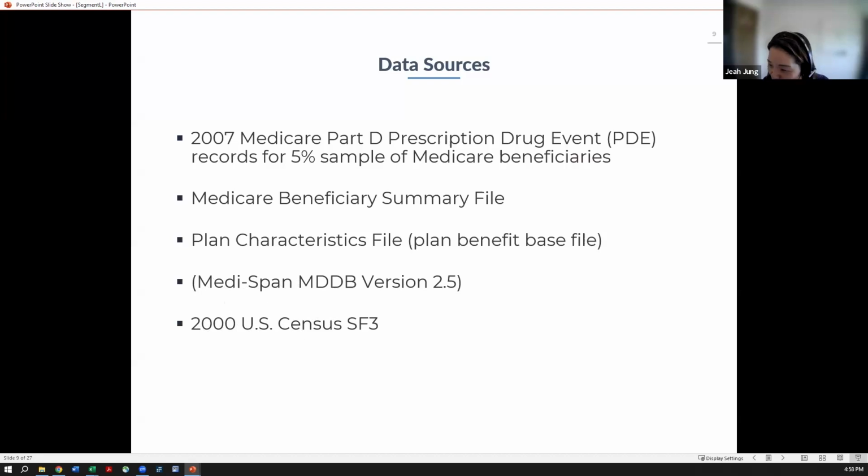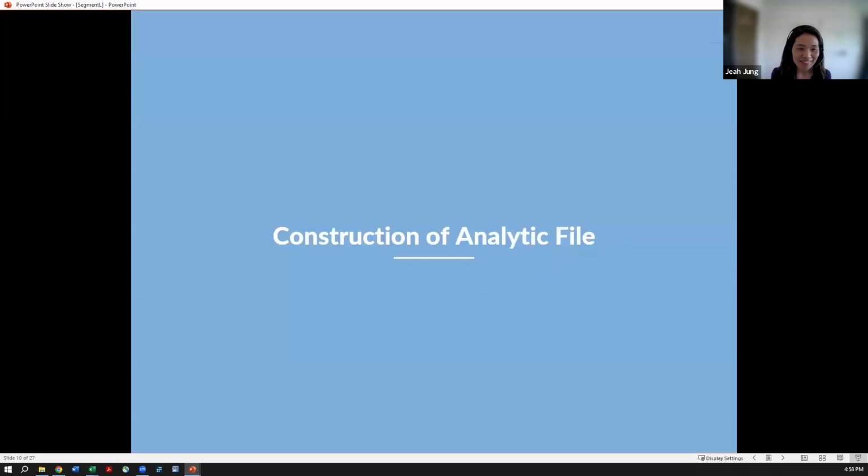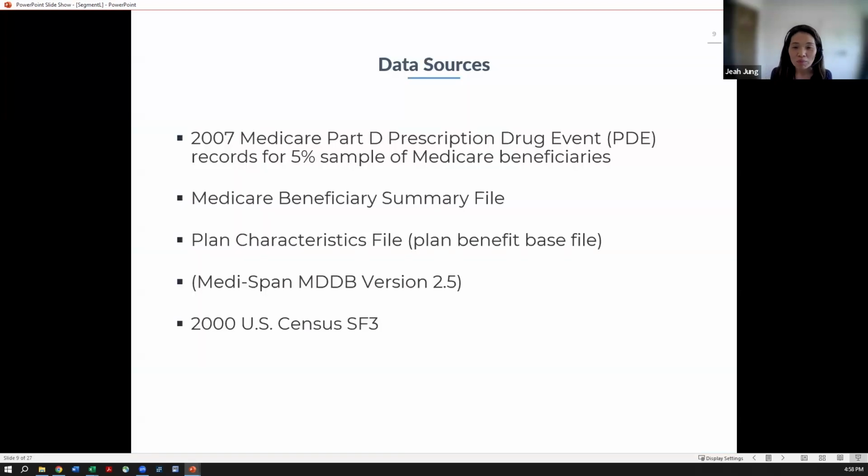Somebody says that using Medispan data is cheating. Okay, I will tell you why. In 2007, when we first started, there were no generic or brand name variables in PDE data. They were added in later years. So PDE data has improved, and we had no information to identify statins, so I used Medispan.